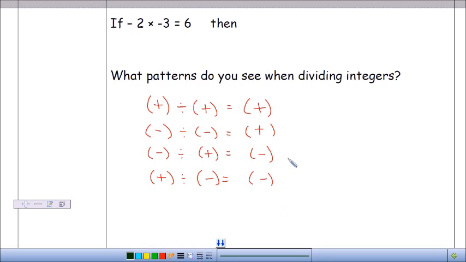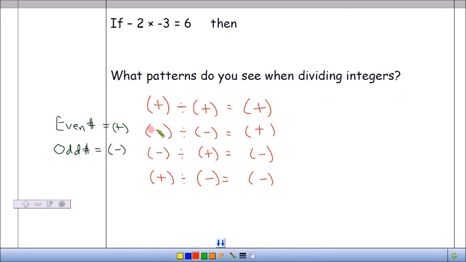Remember the other video that we did on multiplication of integers? We talked about these rules: if you have an even number of negatives, then the answer will be positive, and if we have an odd number of negatives, then my answer would be negative. In this case, we have two negatives, which is an even number, so my answer is positive.